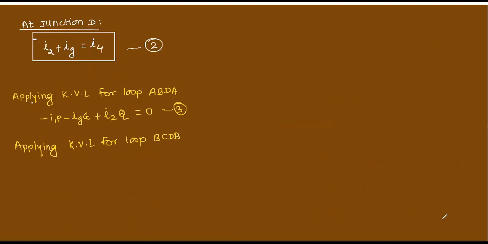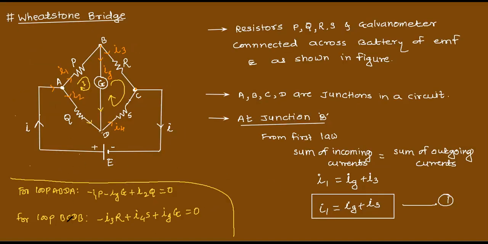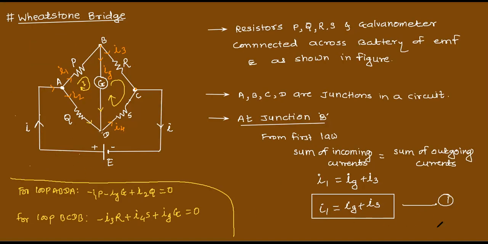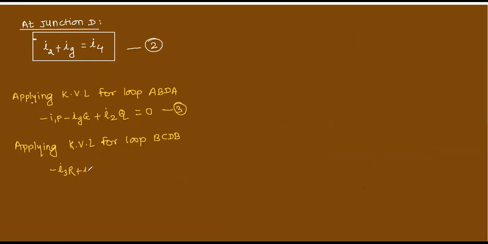See here, B to C. What you are getting? Minus I3R plus I4S plus IGG is equal to 0. Call this equation number 4.